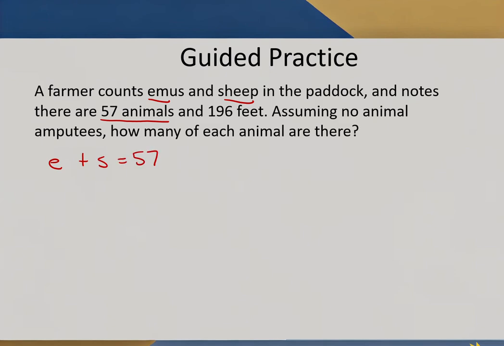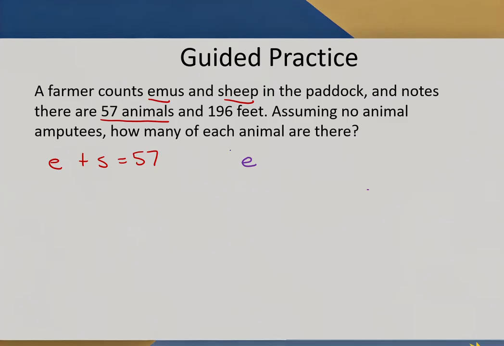The second equation is talking about feet. So this is a bit of prior knowledge coming in, using the real world. In terms of feet, I'll just change color. I've got emus. How many feet do emus have?